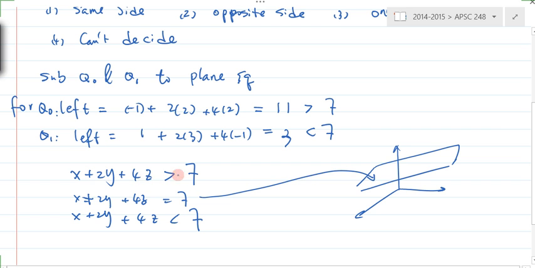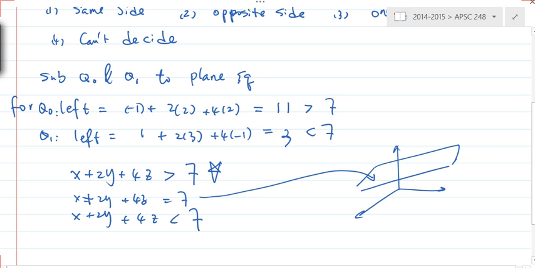So when you see this expression is greater than 7, physically, where are we actually pointing to in this 3D space? Where does it refer to for the first one here? A plane is infinite, right?